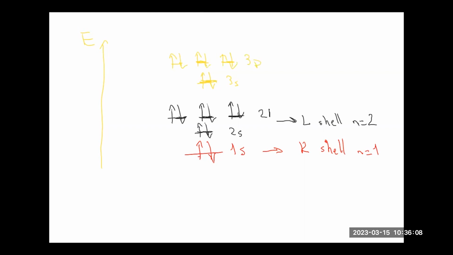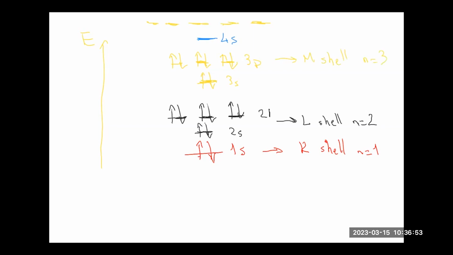So you're suggesting that when we have 4s, the energy level of 4s is less than 3d, huh? Yes. That is correct. So the yellow one is the M shell, and n is equal to 3.